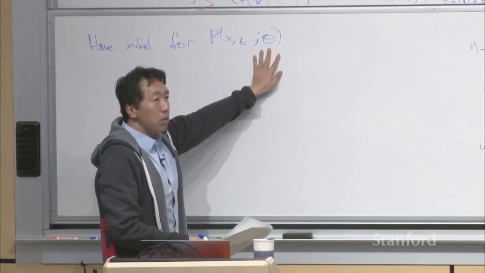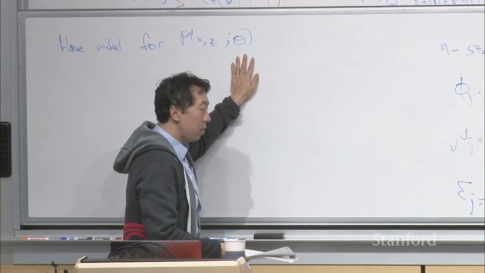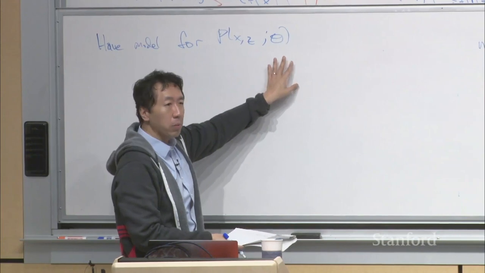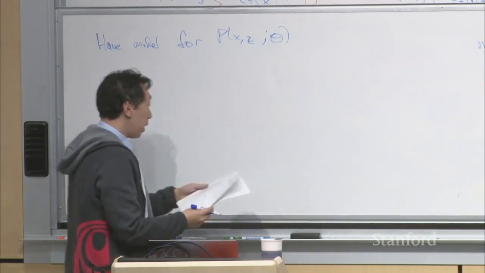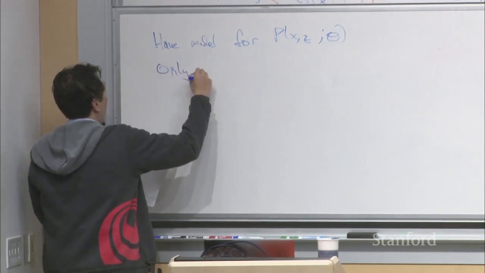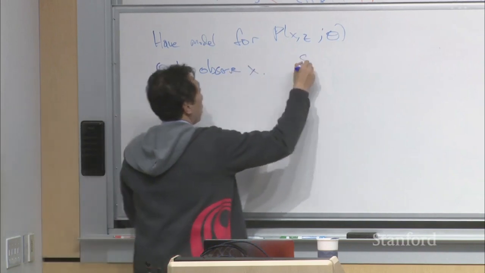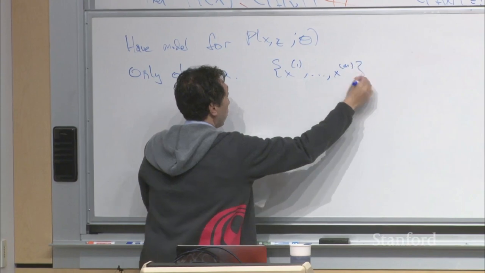Instead of writing out mu, sigma and phi, like we did for the mixture of Gaussians, I'm just going to capture all the parameters you have, whatever your parameters are, in one variable, theta. And you only observe x. So your training set looks like that.